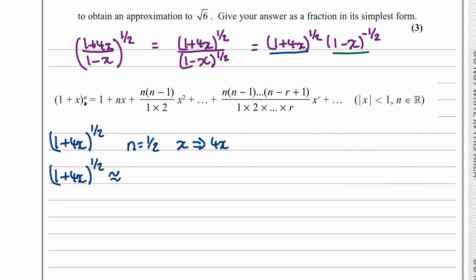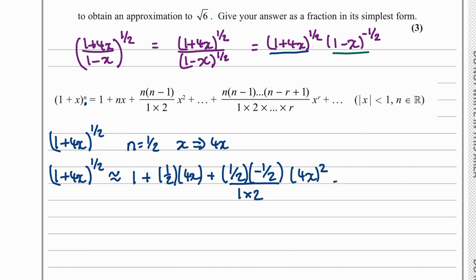So this will be approximately 1 plus n multiplied by the x term, plus n, which is 1/2, multiplied by n minus 1, so negative 1/2, over the 1 times the 2, times the x term squared. So we can tidy this up.